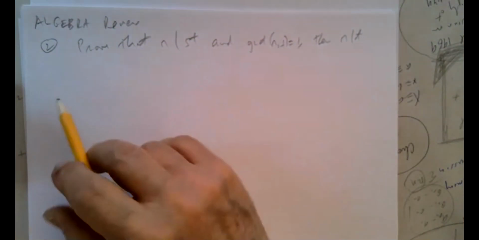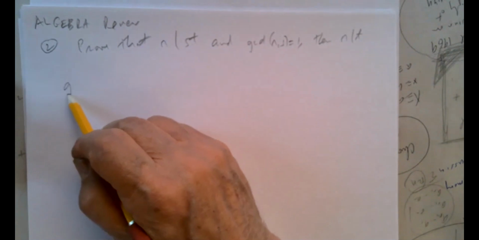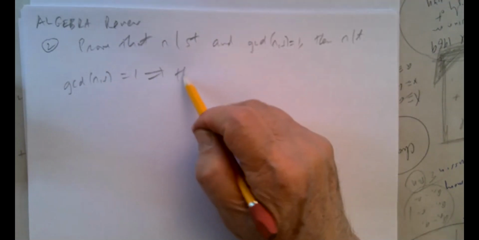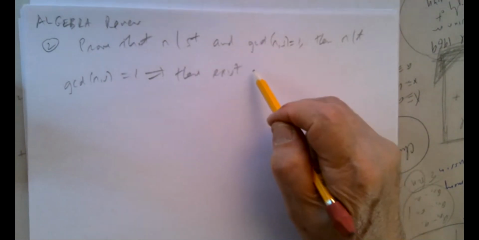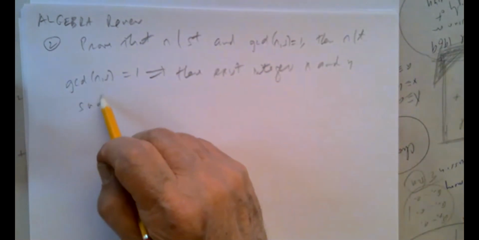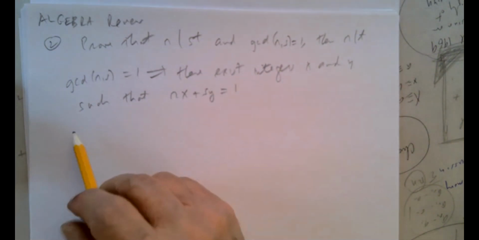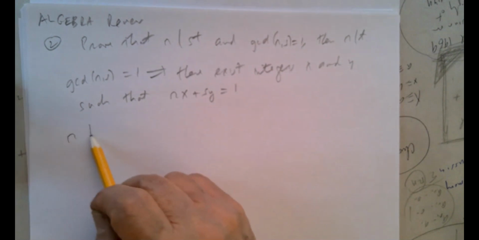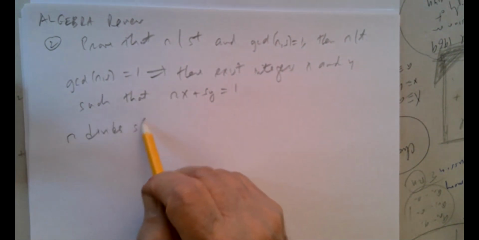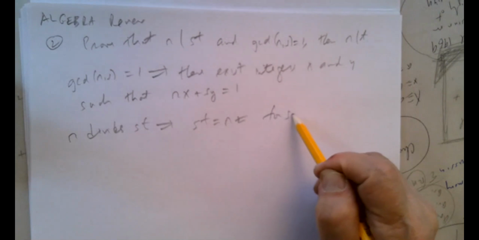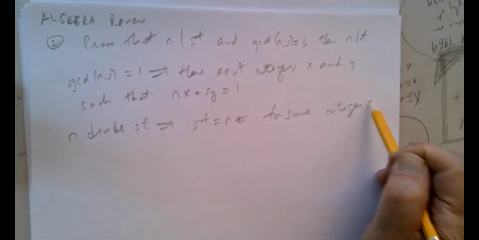So if the greatest common divisor of R and S is 1, that means that there exist integers X and Y such that Rx plus Sy is equal to 1. And R divides ST means ST is equal to R times Z for some integer Z.